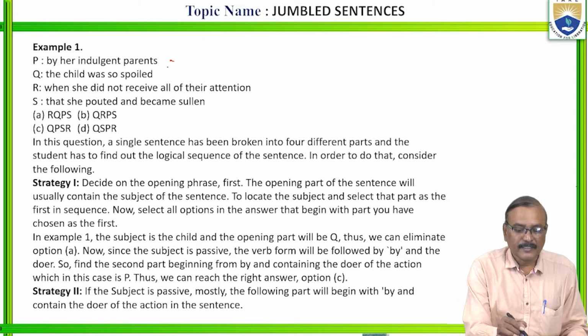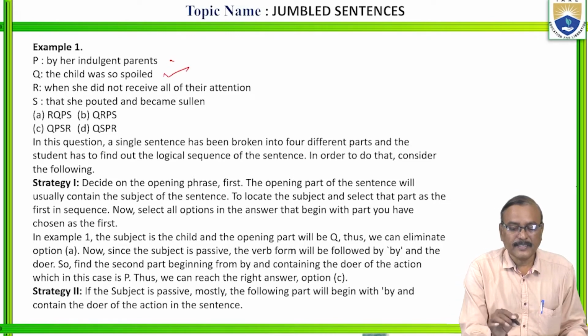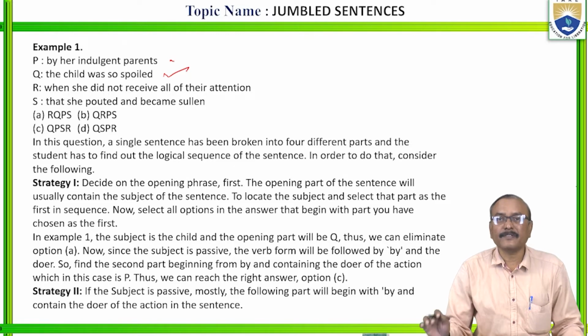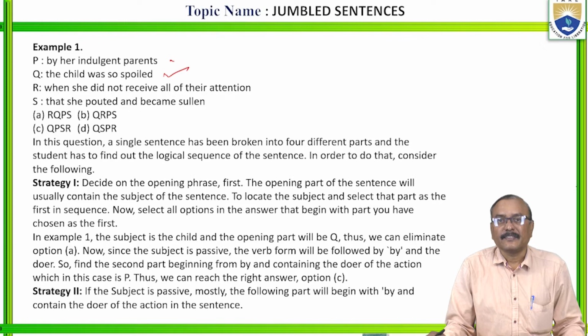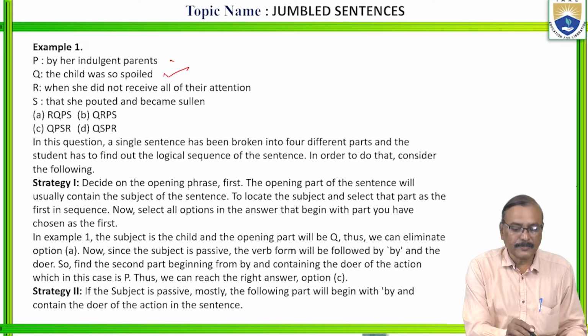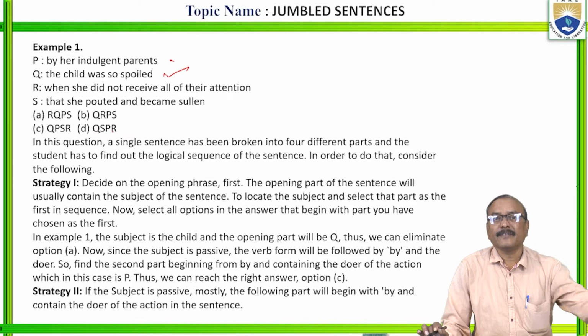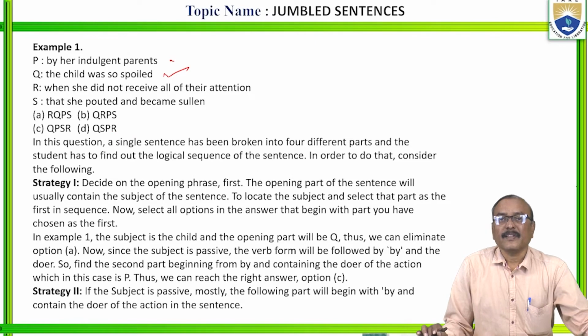So the first part here will be Q: the child was so spoiled. So what are the options? B, C, D are the options. Then QR? The child was so spoiled when she did not... No. QP, you go with QPS.